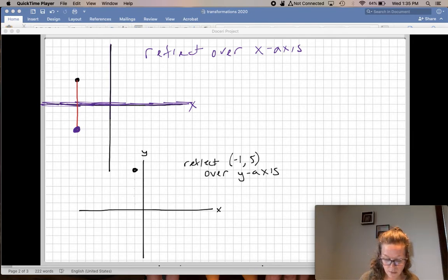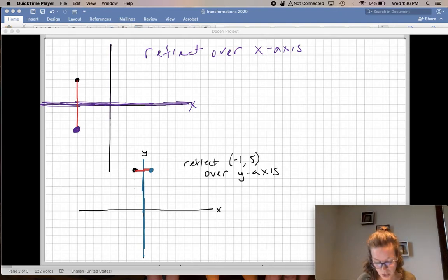Now this time I want to reflect it over the y-axis. So the y-axis is now my mirror line, and I want to think about connecting that point to the mirror line perpendicular. How far is it? It's 1 box away. So I'm going to go 1 box away on the other side, and there I find my image.